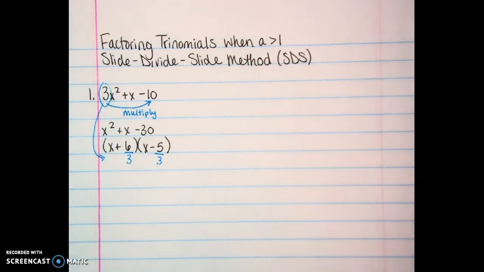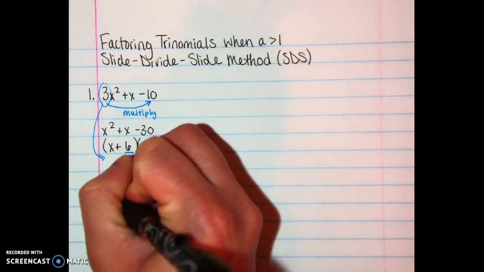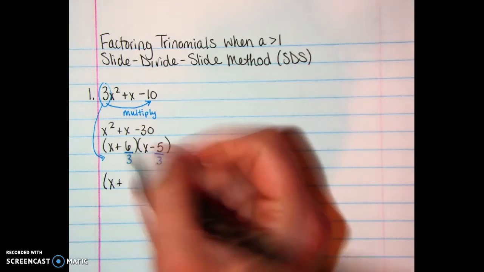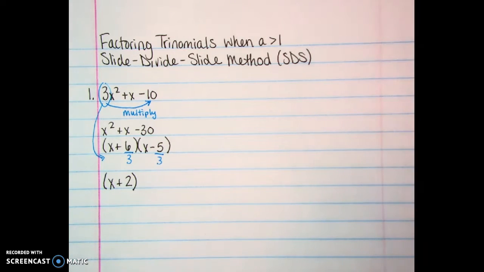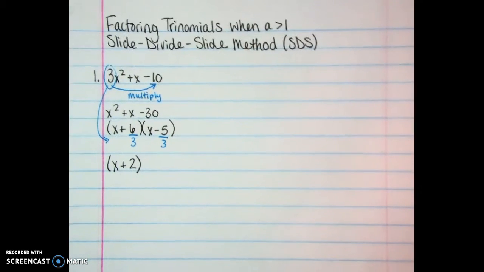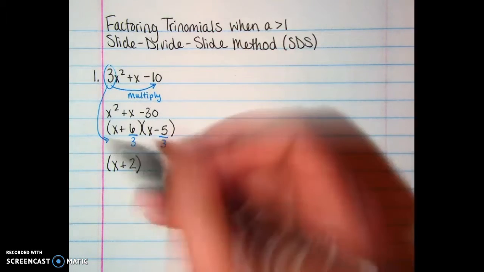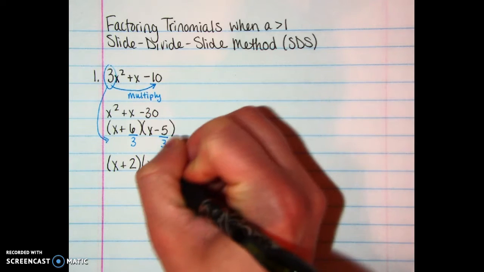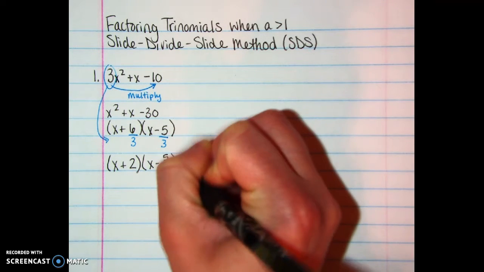So this is x plus 6 divided by 3 is 2. Okay, there's my first factor. And this I can't do anything with, so I'm just going to rewrite that as x minus 5/3. I can't simplify it or anything.